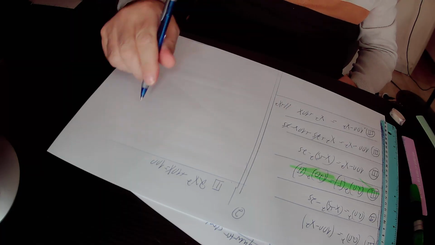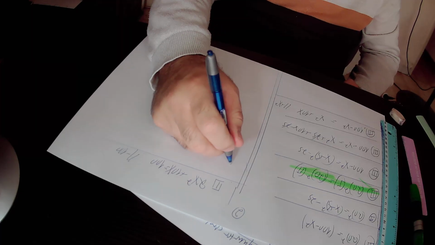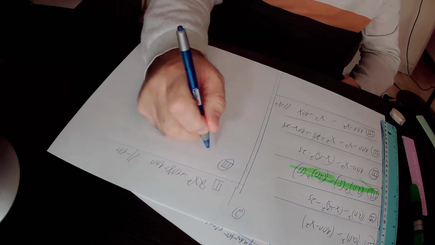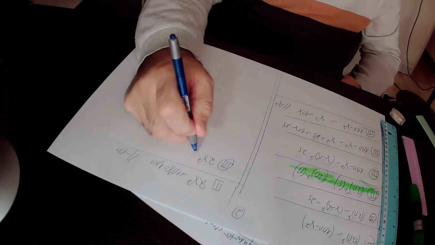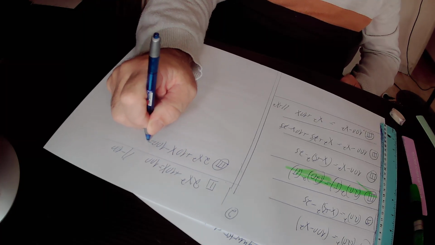Here we will subtract 100 from this equation 3, and finally get that according to equation 3, 2x squared plus 10x minus 100 equals 0.